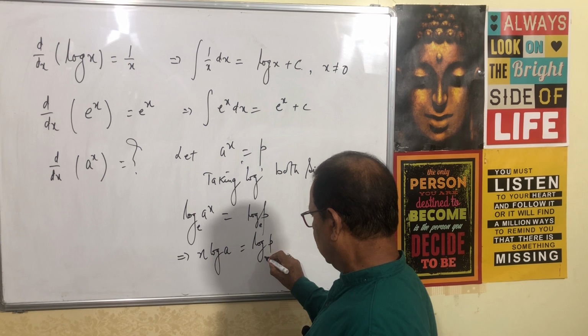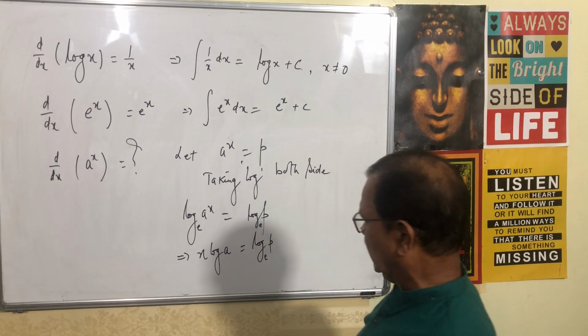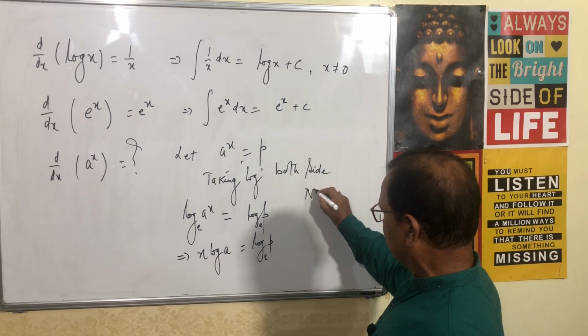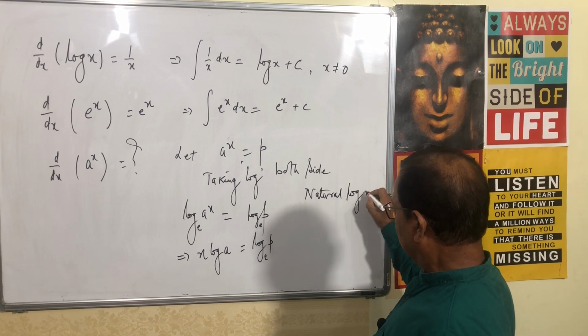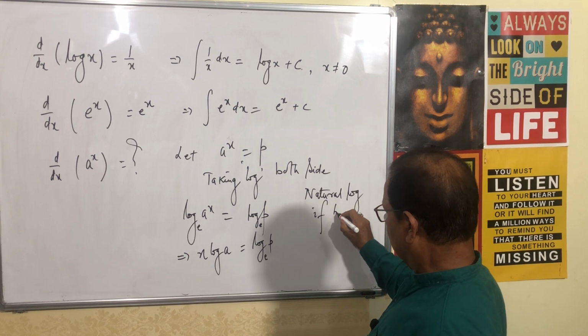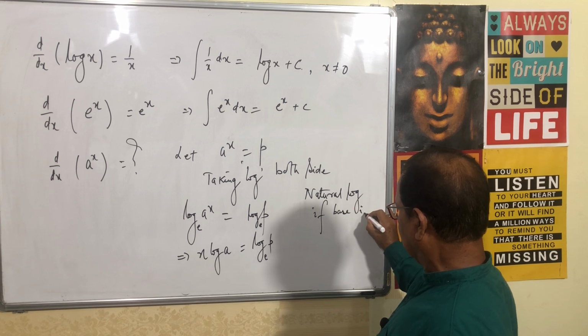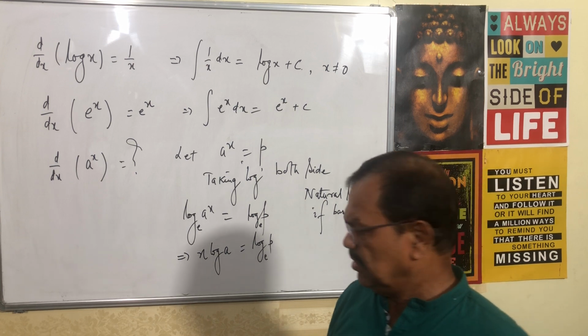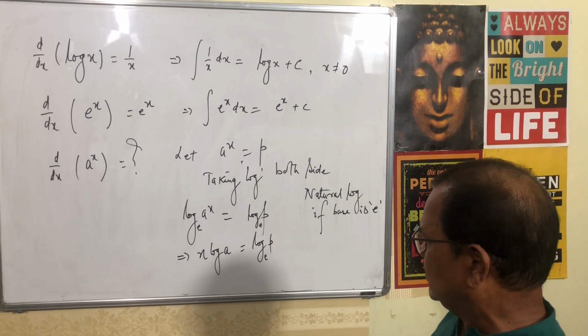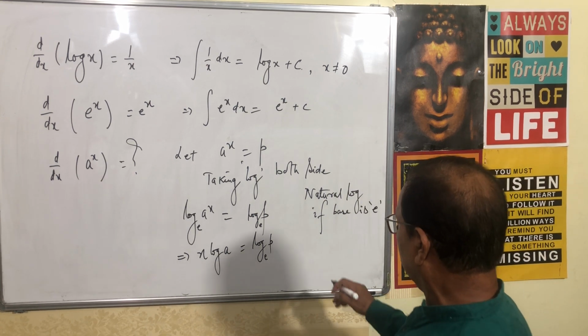Whenever the base of logarithm is e, this is called natural log. But if the base of logarithm is other than e, it is called common log.